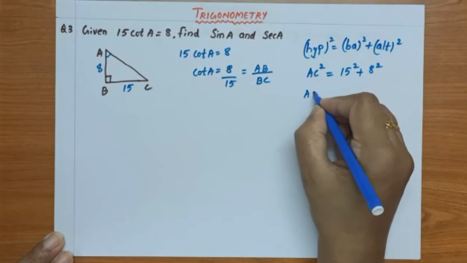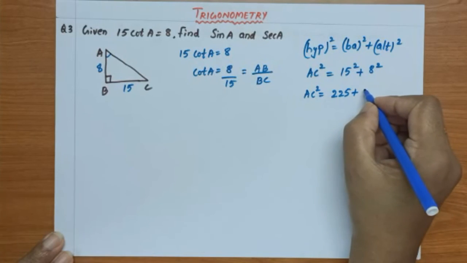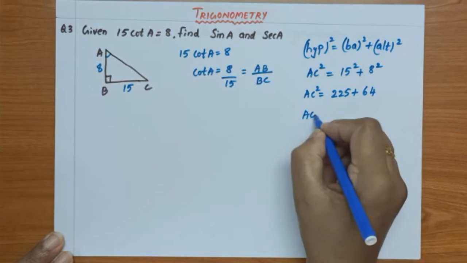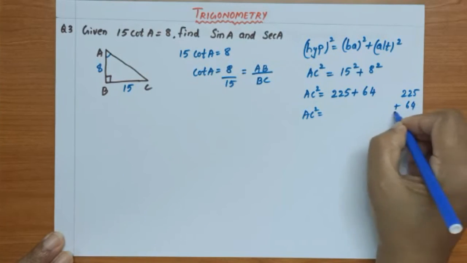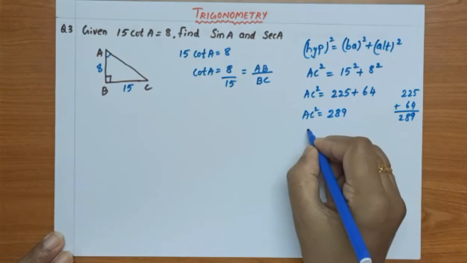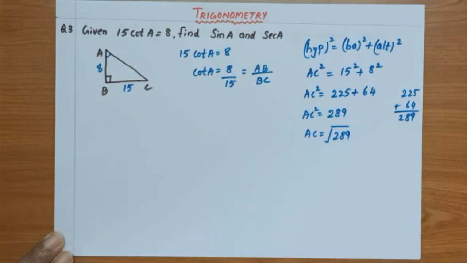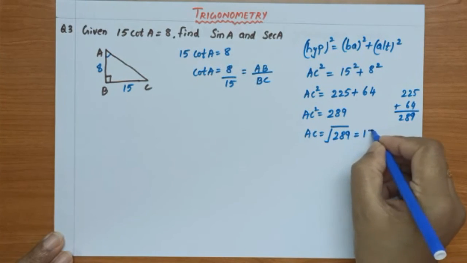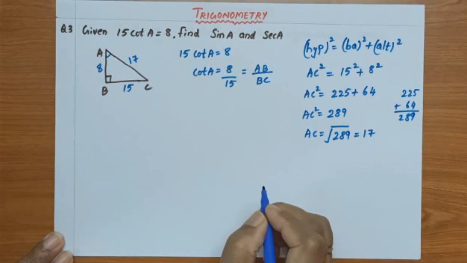AC square equal to 15 square is 225 plus 8 square, it is 64. So AC square equal to 225 plus 64, 289. So AC equal to square root of 289. 289 is a perfect square. Square root of 289, it is 17. So we got the value of the hypotenuse, that is 17.